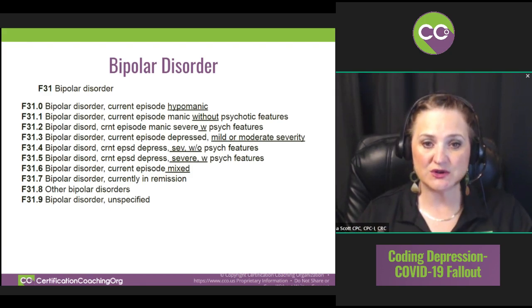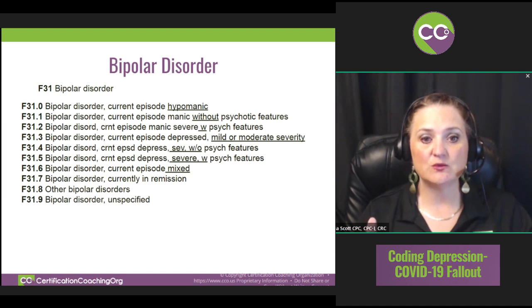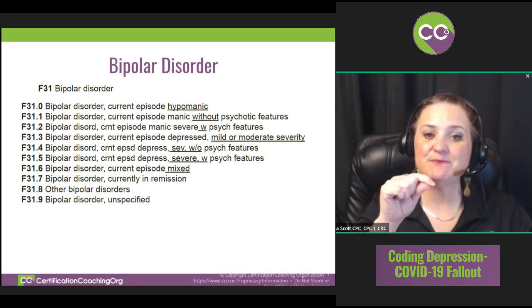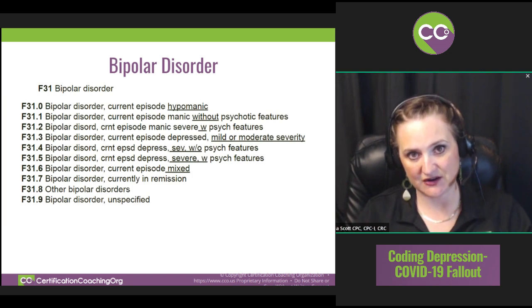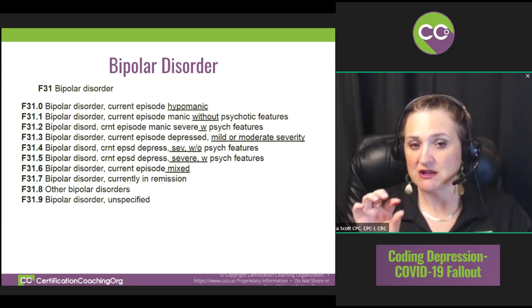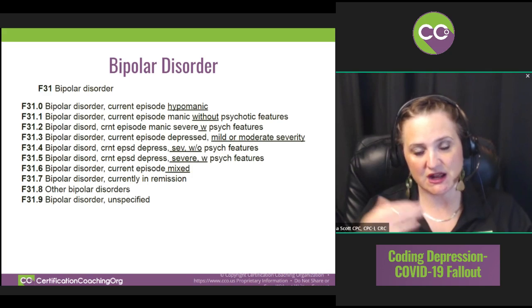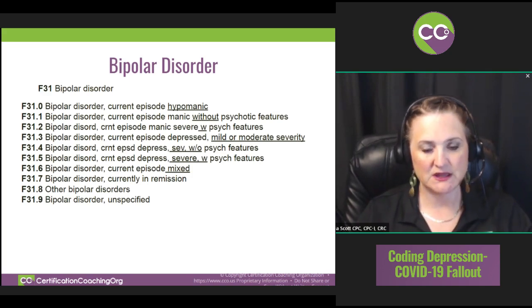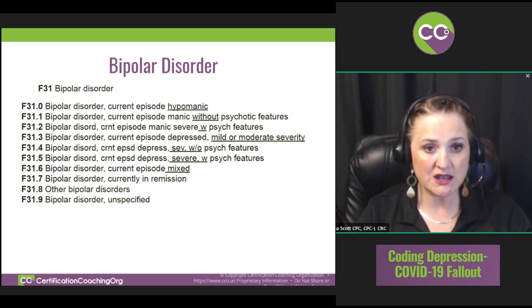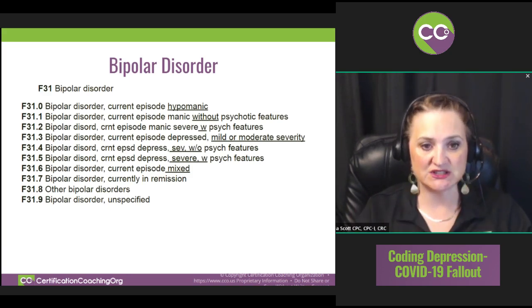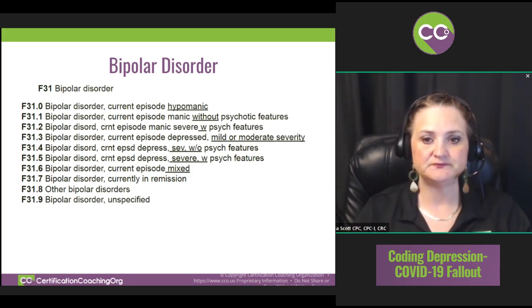And then notice that F31.3 is bipolar disorder, current episode depressed, okay, mild. So they've now added these factors to them, right? First step, trying to get to the bipolar, so we have F31, then put in our fourth character, keep building on those.